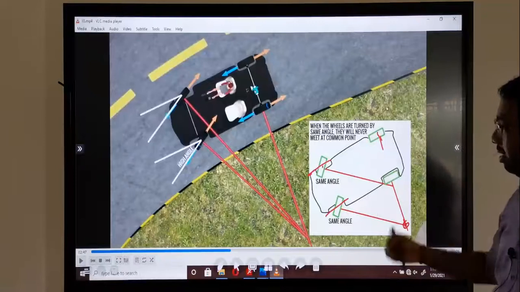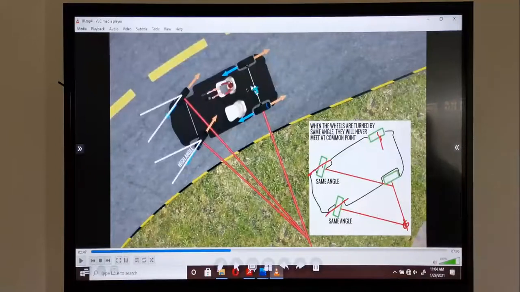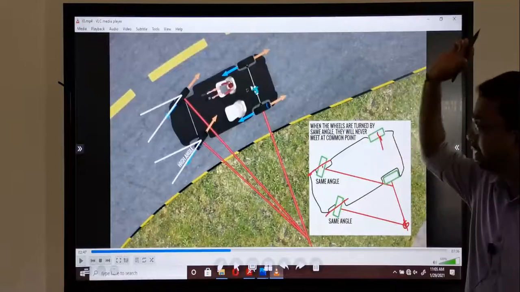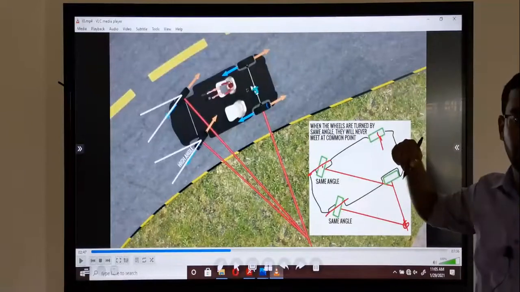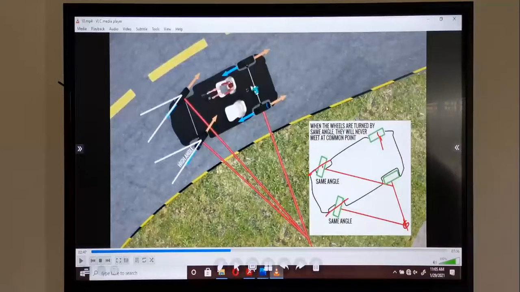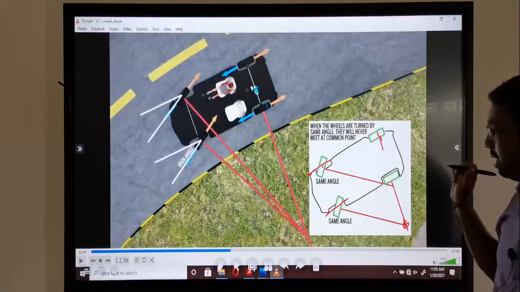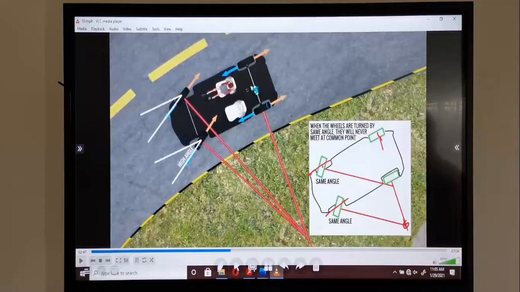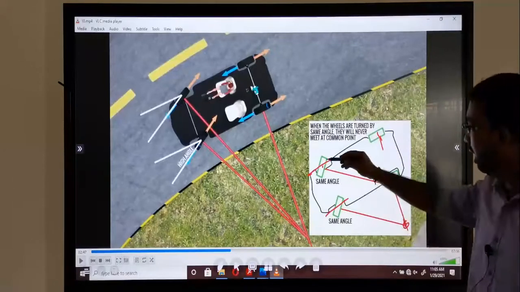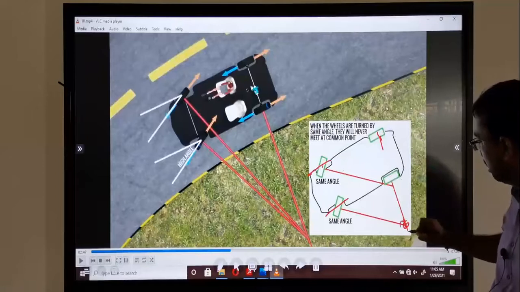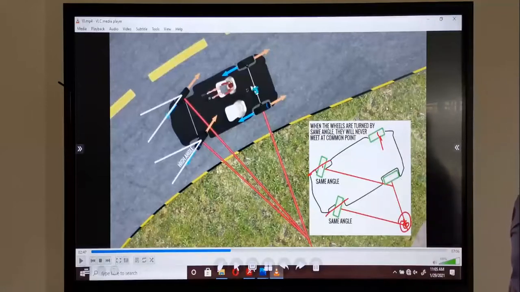The vehicle is working without any proper steering condition, so this vehicle is going to slip or may face an accident. For the condition of proper steering, these three perpendicular lines must meet at a common center point.